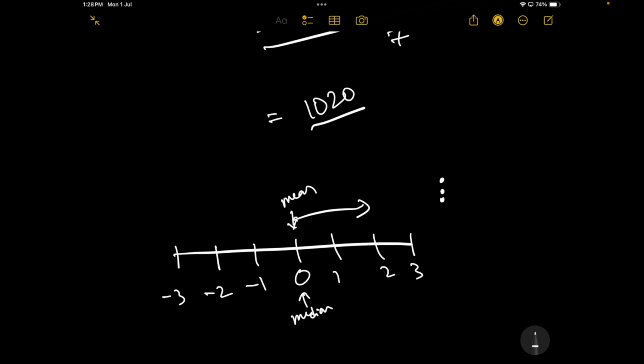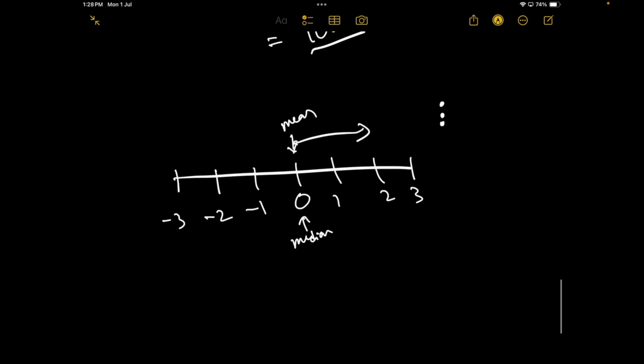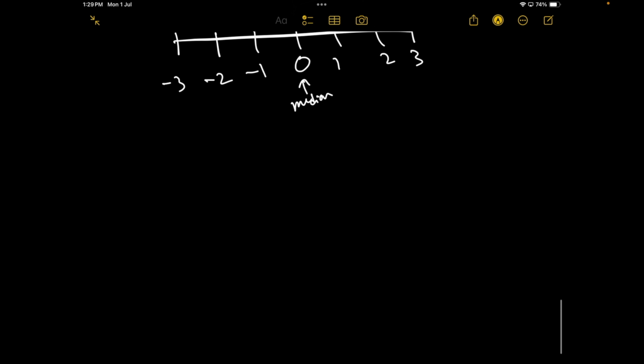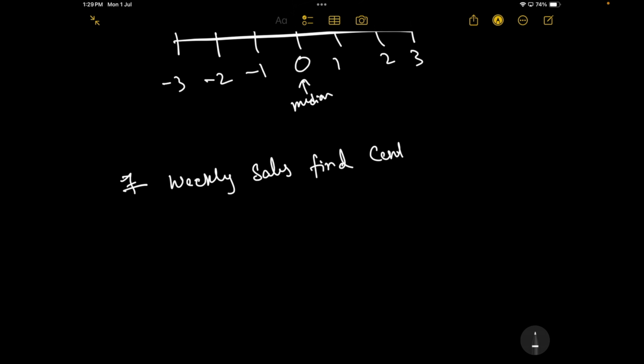I'll explain this graph in a particular way, because this is really important for you also. For example, we have weekly sales. Question number 1: weekly sales, find the central tendency for that.